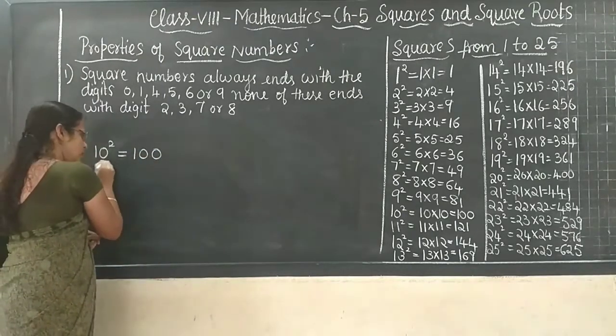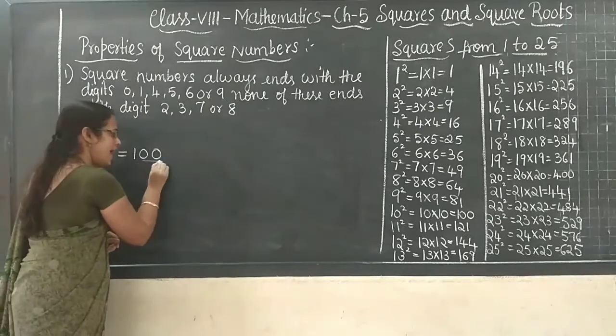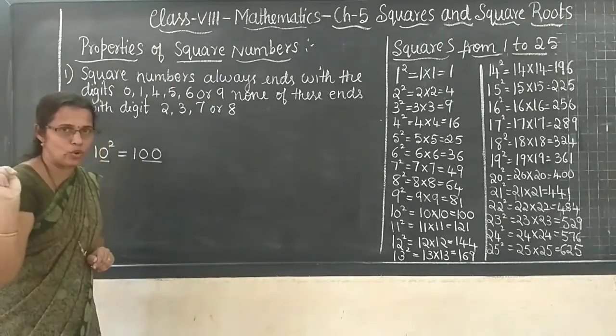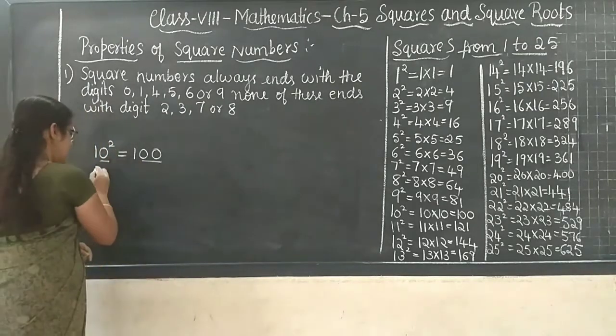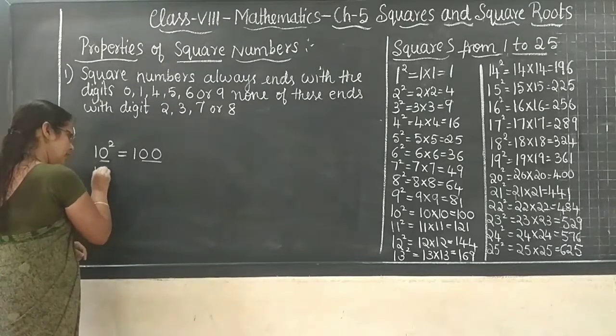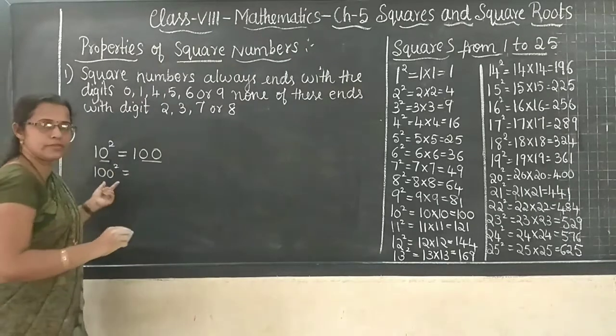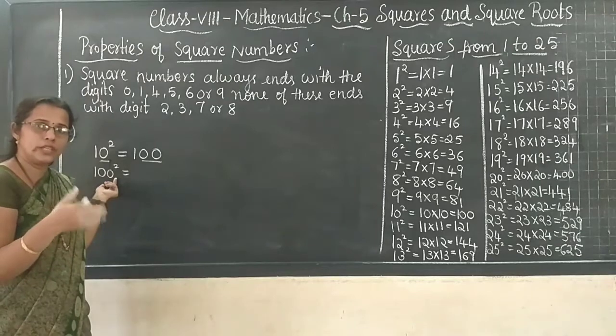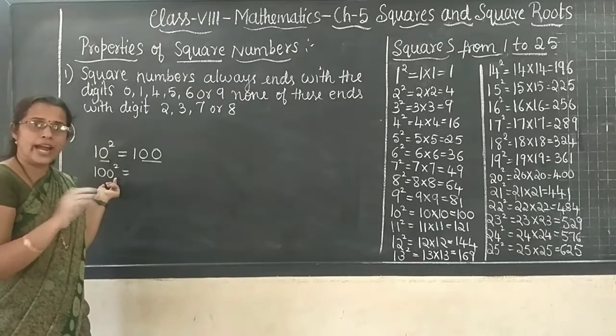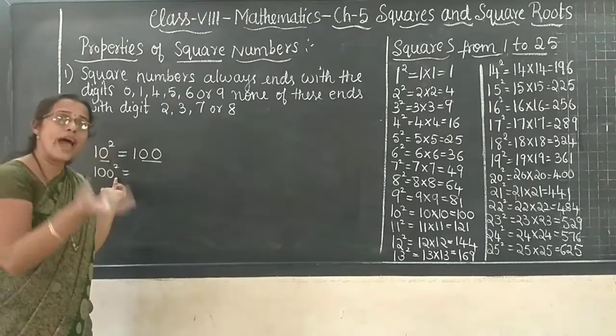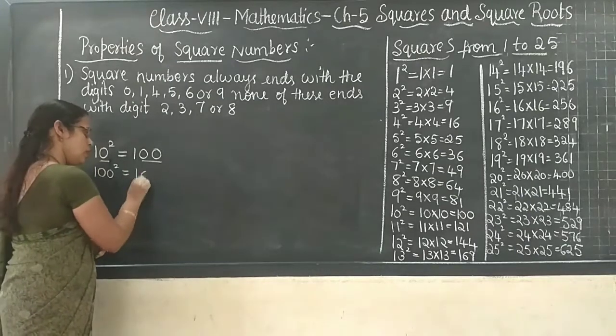Any number ending with 1 zero, its square ends with 2 zeros. Will you agree? Yes. Now, any number ending with 2 zeros, 100 ends with 2 zeros. But its square ends with how many zeros?